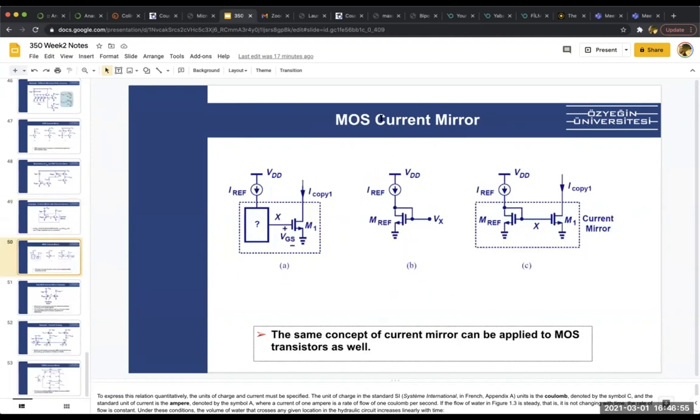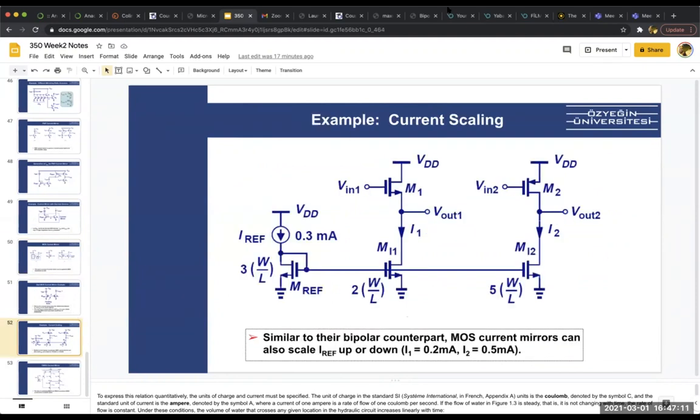Well, same logic with MOS, exact same stuff. Instead of the IS, because of the MOS equation, what matters is W over L, right? Because the current is K times (VGS minus VT) squared. K is COX times mu times W over L. So what really defines your circuit current is this.